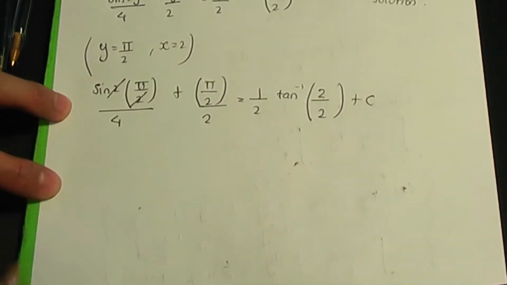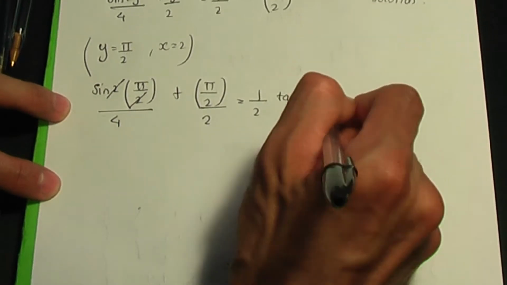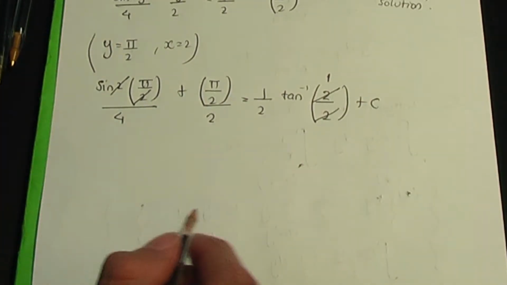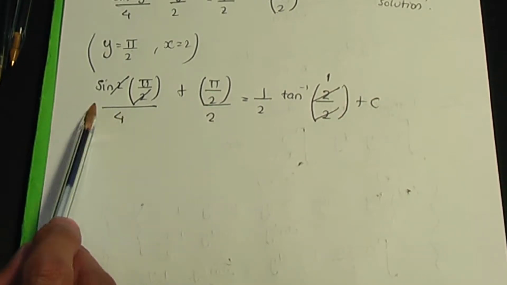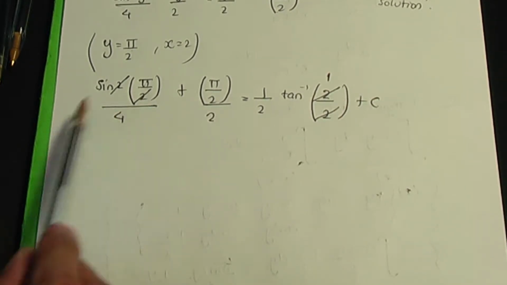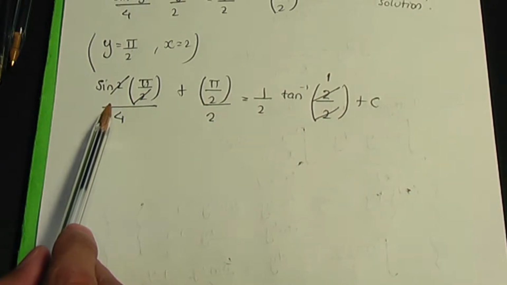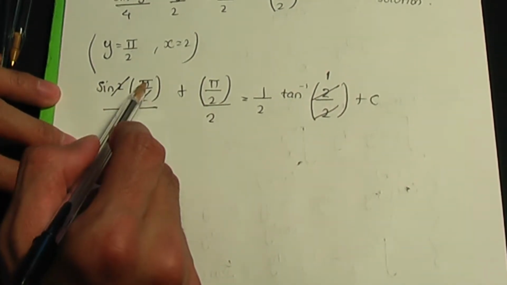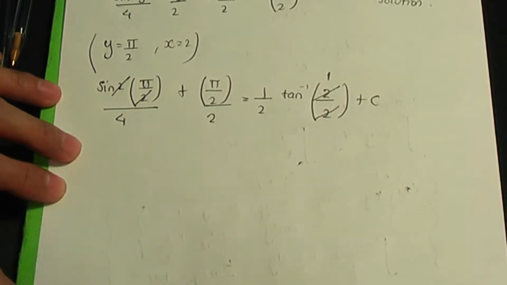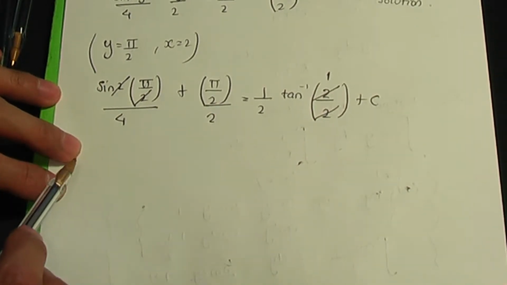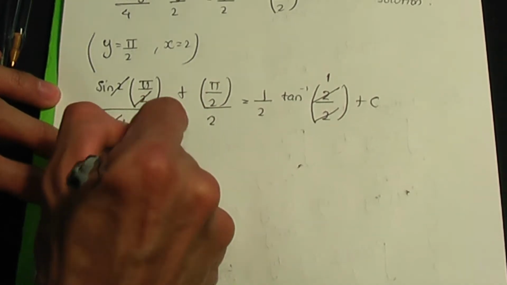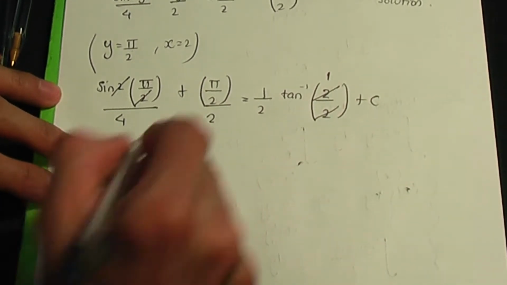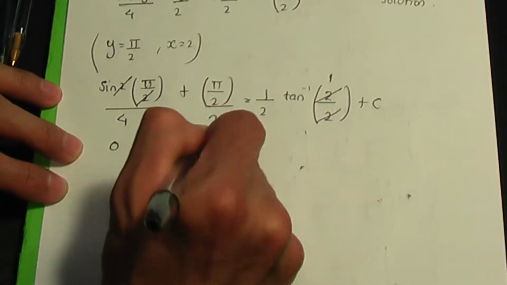This 2 and this 2 can cancel, the 2 over 2 can cancel here, giving us 1. If we simplify further, sine pi or sine 180 is a standard result, which is 0. So we're going to have 0 plus pi divided by 2, which is the same as pi over 4.